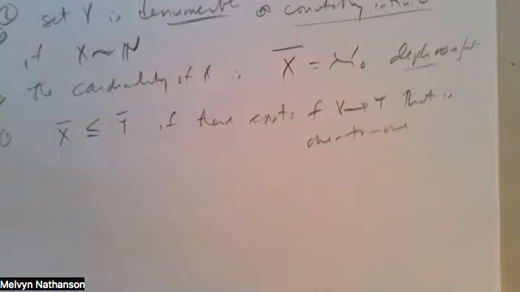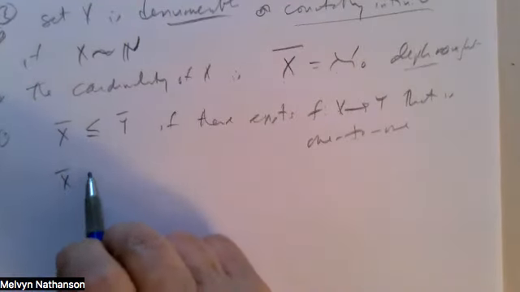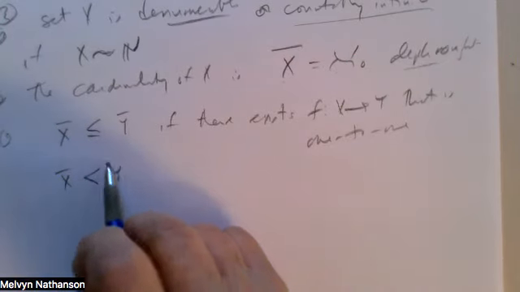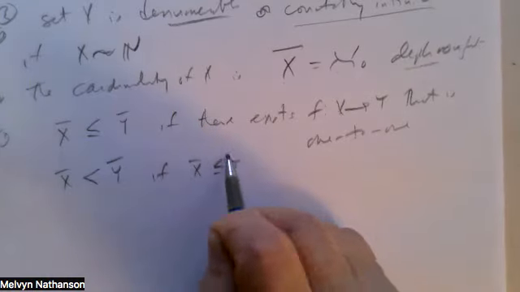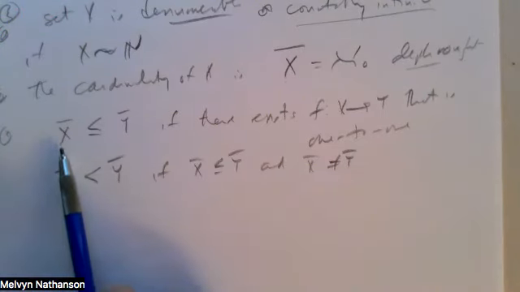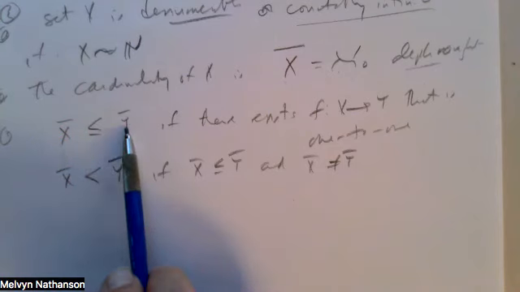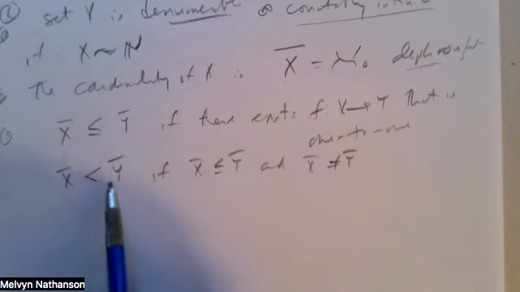Not a one-to-one correspondence necessarily, but one-to-one. And we say that the cardinality of X is strictly less than that of Y if it is less than or equal to Y and not equal to Y. So this is what it means to say that one set has fewer or equally many elements than another set, or strictly fewer.